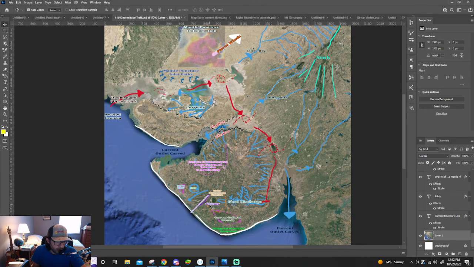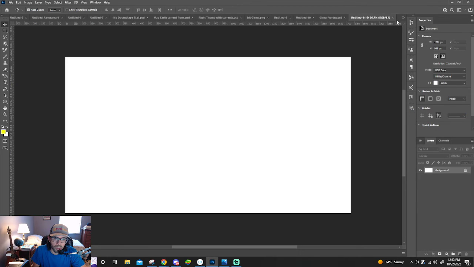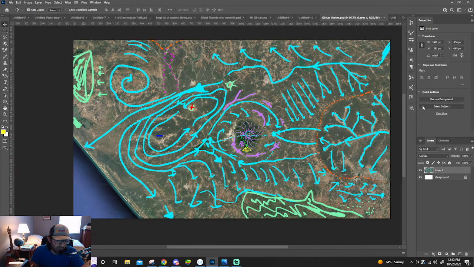Is very representative of, I think, this one maybe? Nope. It's got to be that. Yeah, this one, this closed system. Because there's a current for sure coming this way.